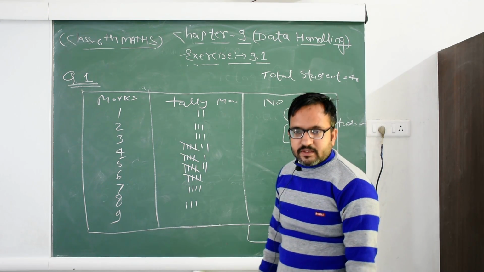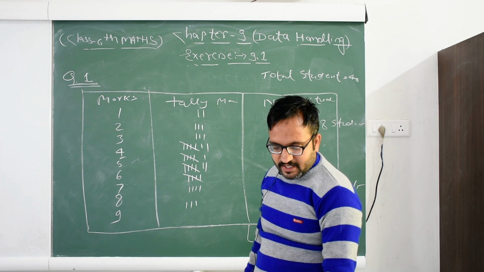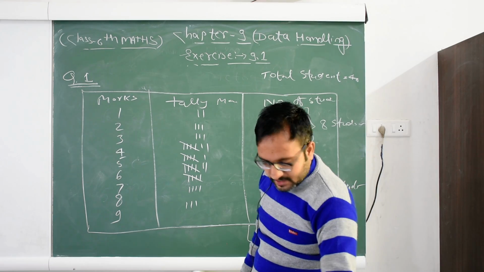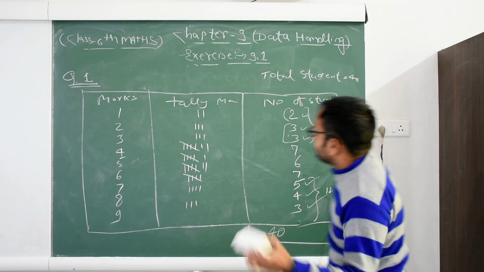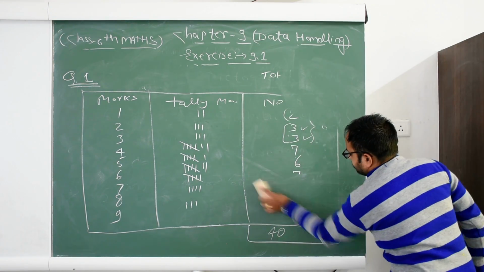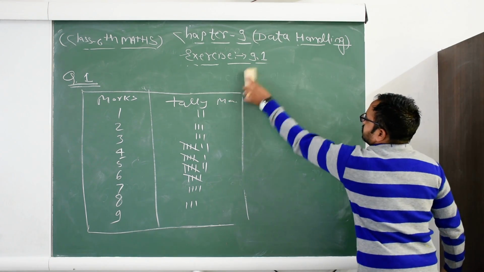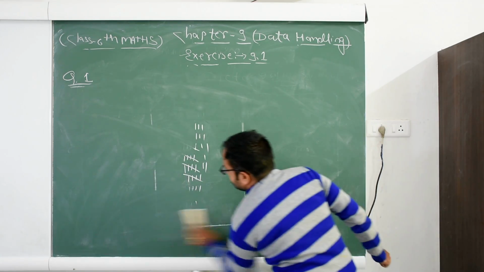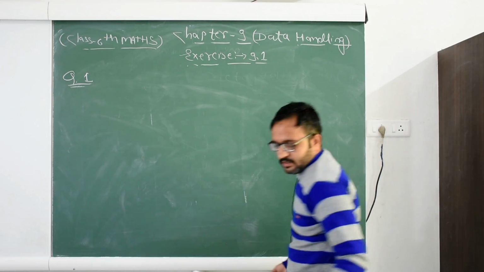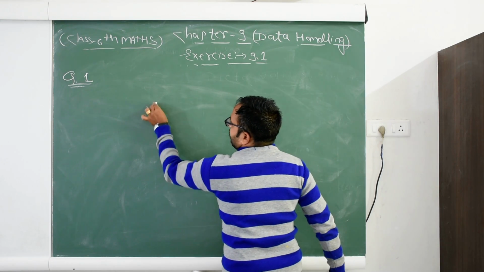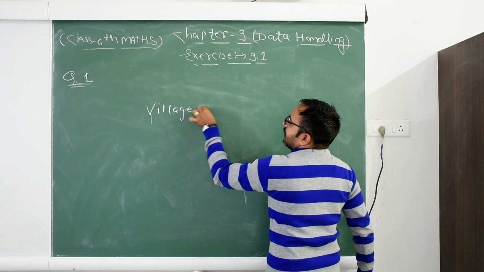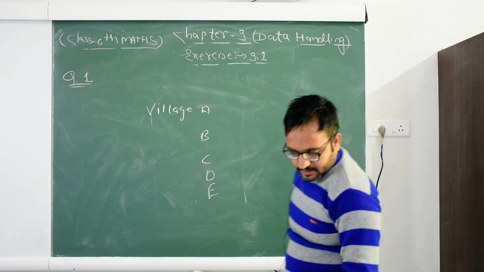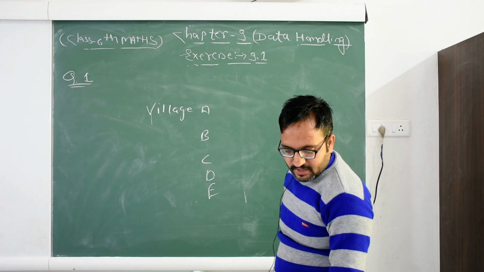Now we add all the tractors. Village A, B, C, D and E. How many tractors in village A?